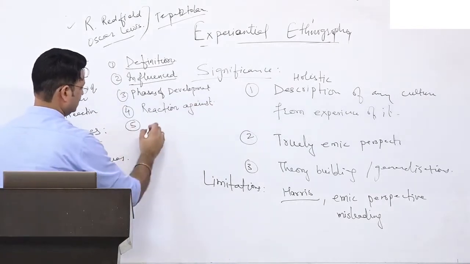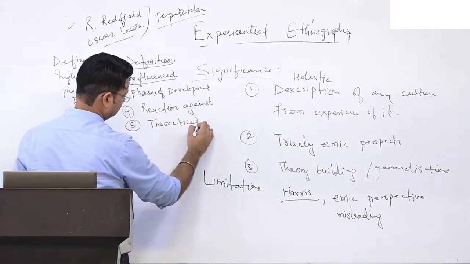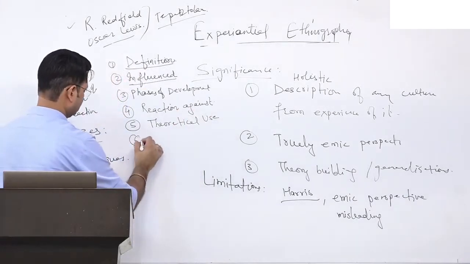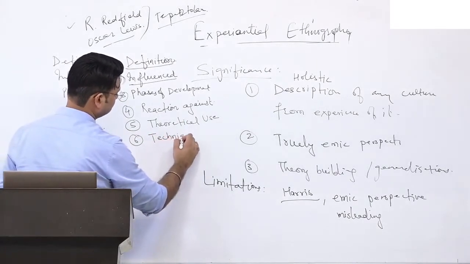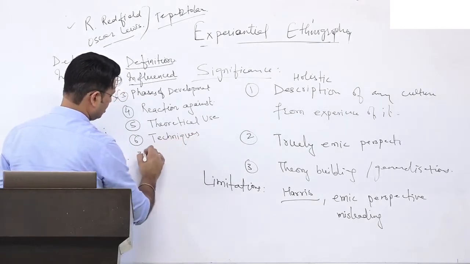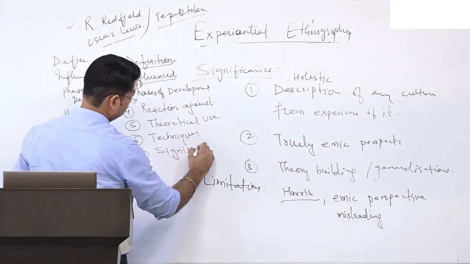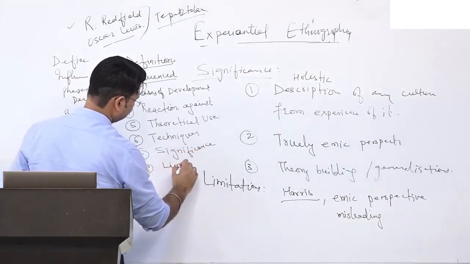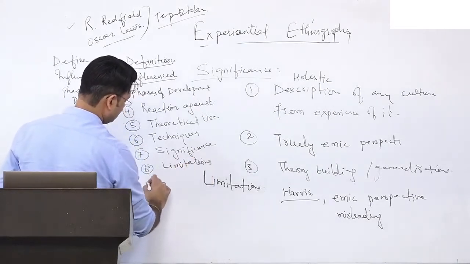Then fifth, theoretical use. This approach was used in many theories. Then you can talk about the techniques, then the significance, then limitations, and finally, conclusion.